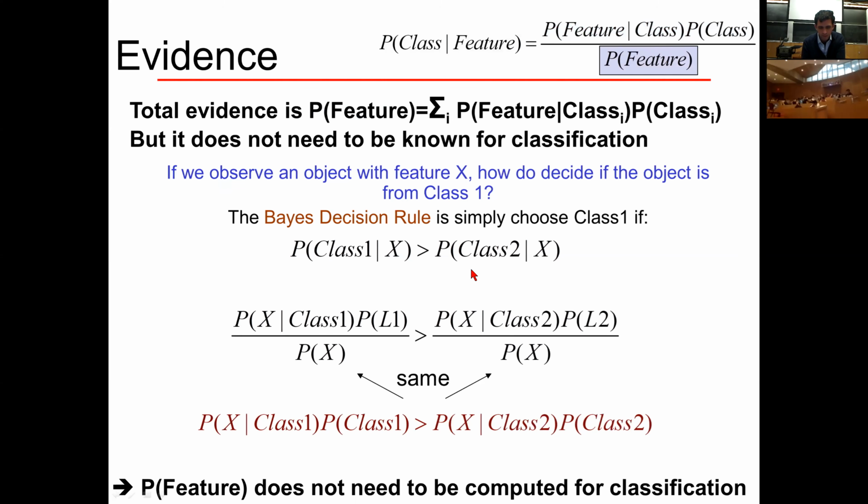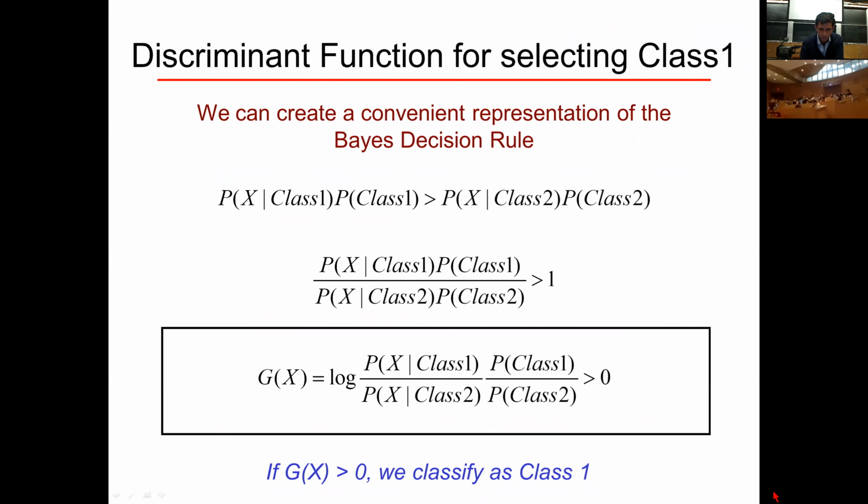And what we can do is effectively divide each of those by P of X and simply have the probability of observing the feature given the class times the prior of each of the classes. So we can classify as class 1 whenever this is greater than that, and classify as class 2 otherwise.